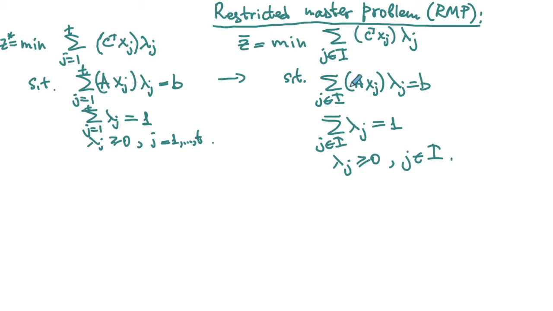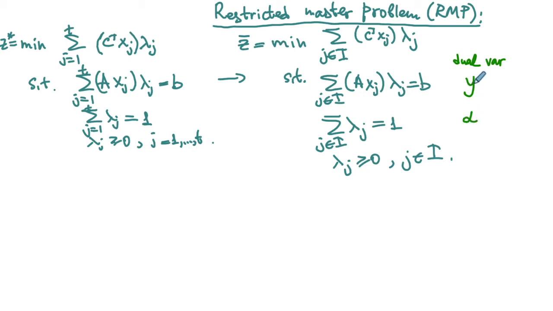So for that, we are going to check the reduced costs of all the non-basic variables, and when we compute the reduced costs, we'll need the optimal values of the dual variables. So let's denote the optimal values of dual variables by y's for the first set of constraints here, and then we also have the convexity constraint that we have from the representation theorem, and we'll denote the corresponding scalar dual variable value by alpha.